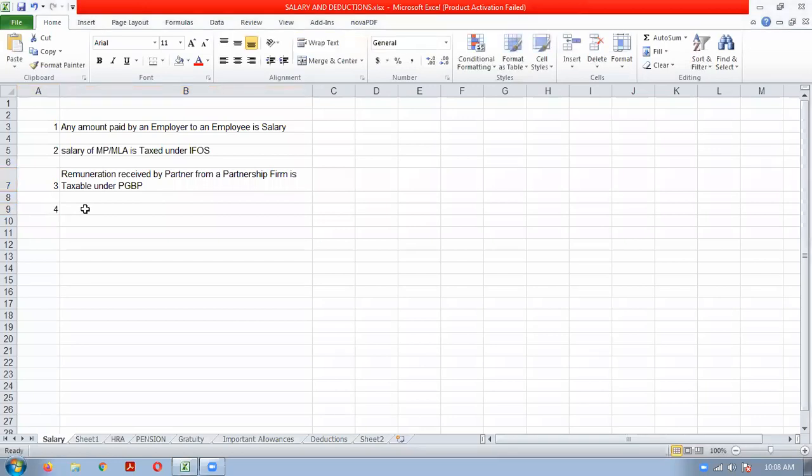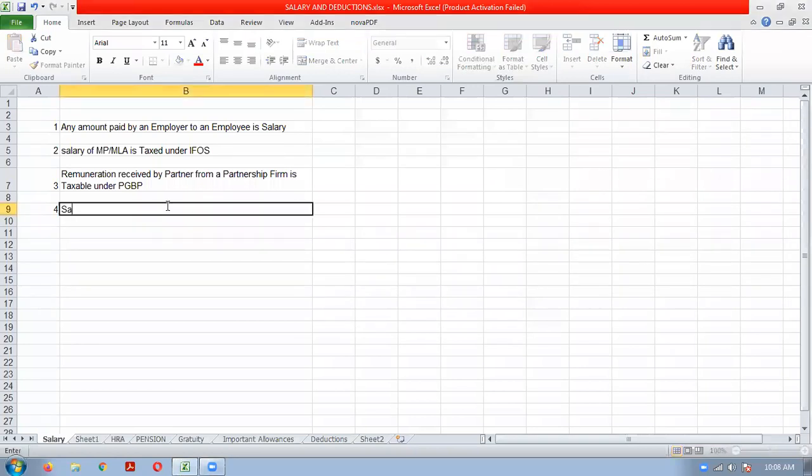Fourth point is that salary received by a non-employee director, for example, an independent director. In companies, you might have heard the terms independent director, non-executive director, non-whole-time director.